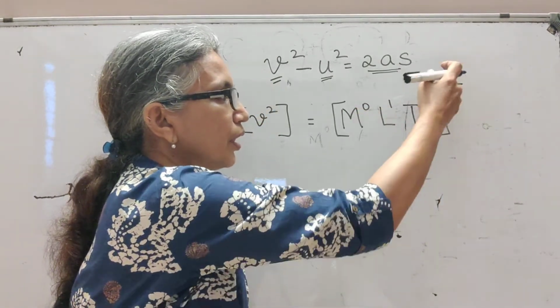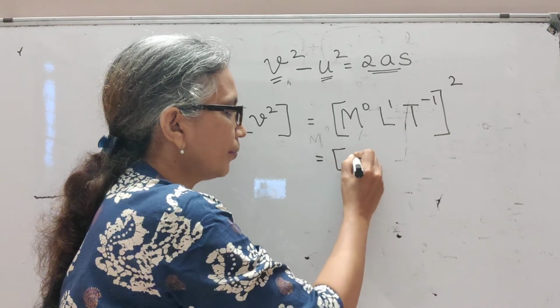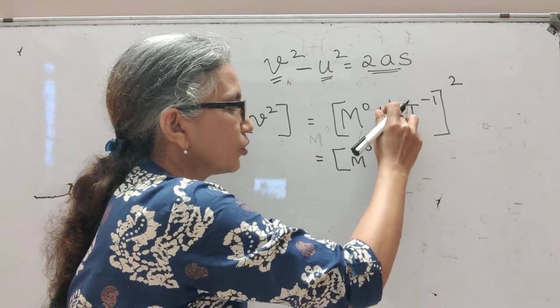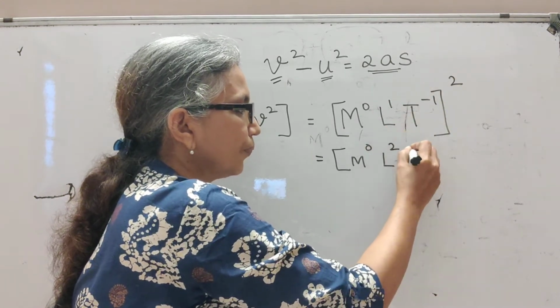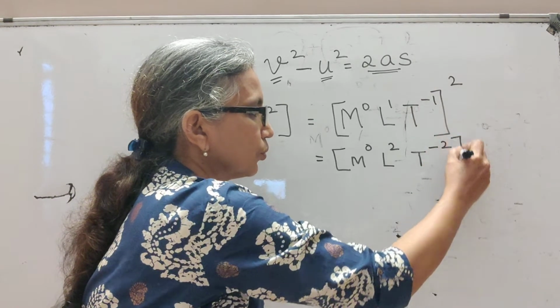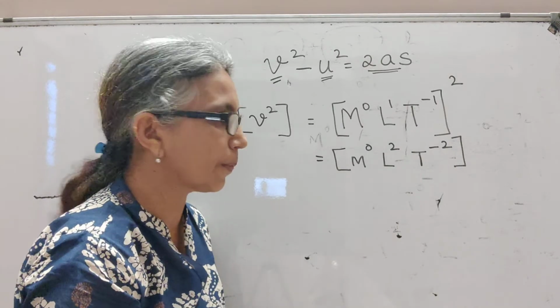Now when powers are raised to another power, you multiply. So this is equal to m raised to 0 into 2 is 0, L raised to 1 into 2 is 2, and T raised to minus 1 into 2 is minus 2. Because we are multiplying since this is raised to another power 2.